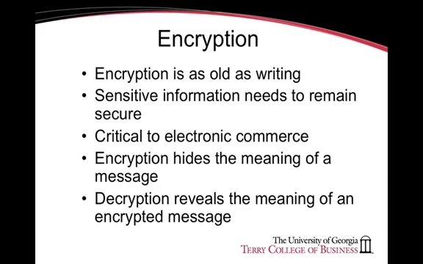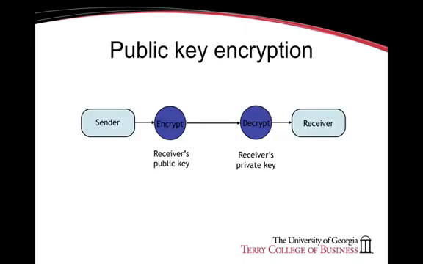Encryption actually hides the meaning of the message. It does not hide the information itself, but it hides the meaning of that information. And decryption actually reveals the meaning of the encrypted message.